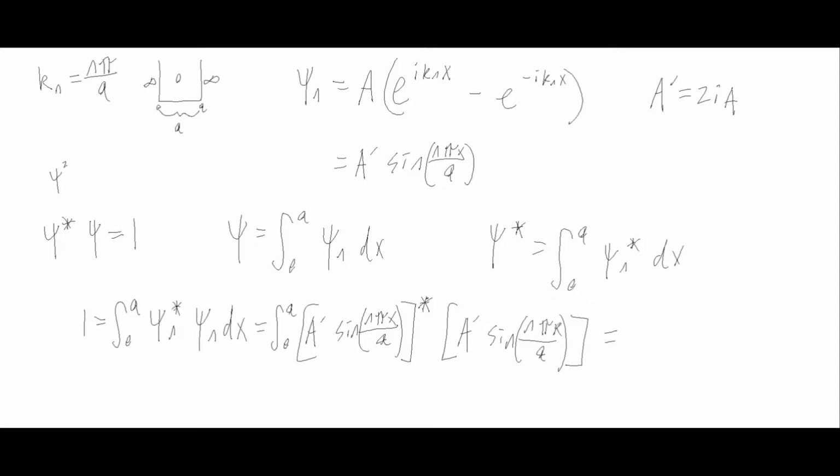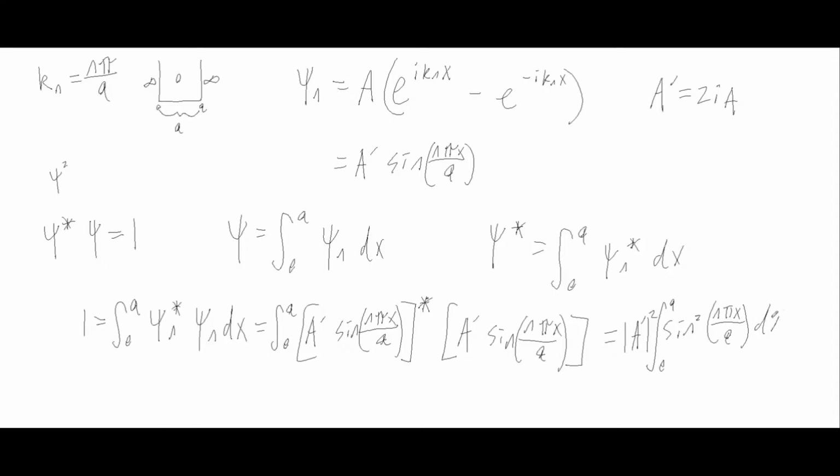We multiply the A's by each other, and those can come outside the integral because they are constants. So we have the magnitude of A prime squared times the integral from 0 to a of sine squared of n pi x over a dx.